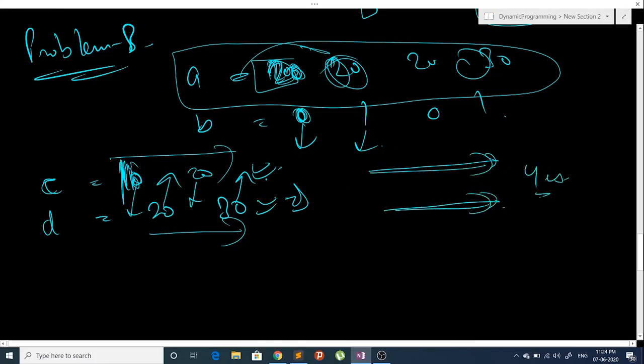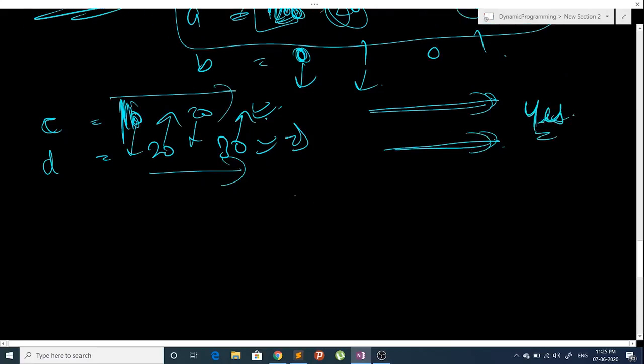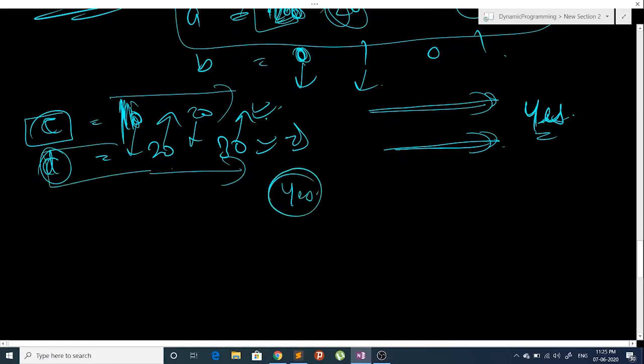But if they are not sorted, say C was not sorted, then I check if the size of D is greater than 0. If it is greater than 0, then also my answer is yes. And I will do this for D: I check if the elements in array D are sorted in increasing order.